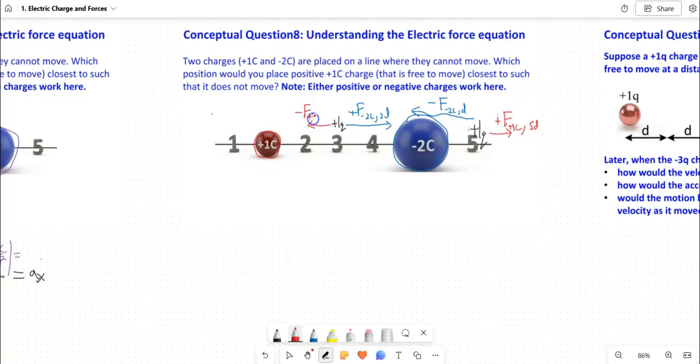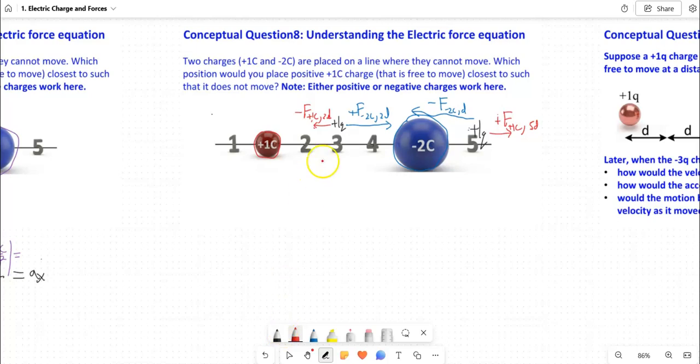So it's got a positive 1 Coulomb charge, and it's a distance 2d away. So even though they're the same distance, just like in our very first concept question, the vectors are smaller in size. So it will then begin to accelerate to the right, okay? Because you have 2 to the right, 1 to the left.